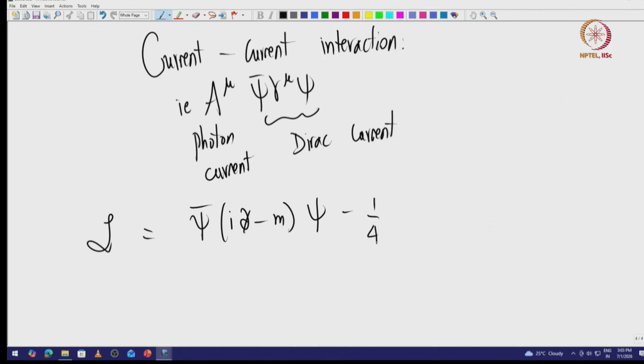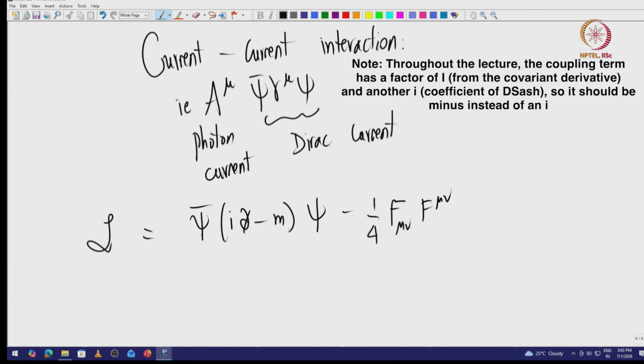Then the kinetic terms for the photon field, which is given by F mu nu squared, and finally the interaction between the electronic current, the Dirac current, and the photon field essentially. You see that this is the only way which can couple to the photon field. You can always put a gamma 5 phi, but I will see later that this only works in chiral theories essentially. QED is a vectorial theory, so it couples only to vectorial currents essentially.